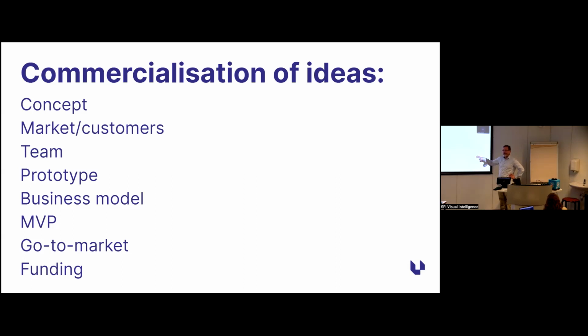It's when you start selling your product and you're supposed to start earning money. For most startups, you don't have to make a lot of money in the beginning. You just have to show that people are willing to pay, because what you're living off is the funding.